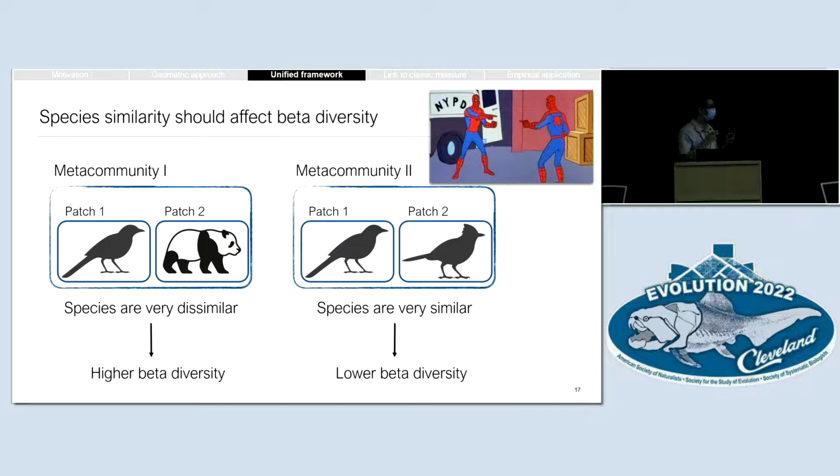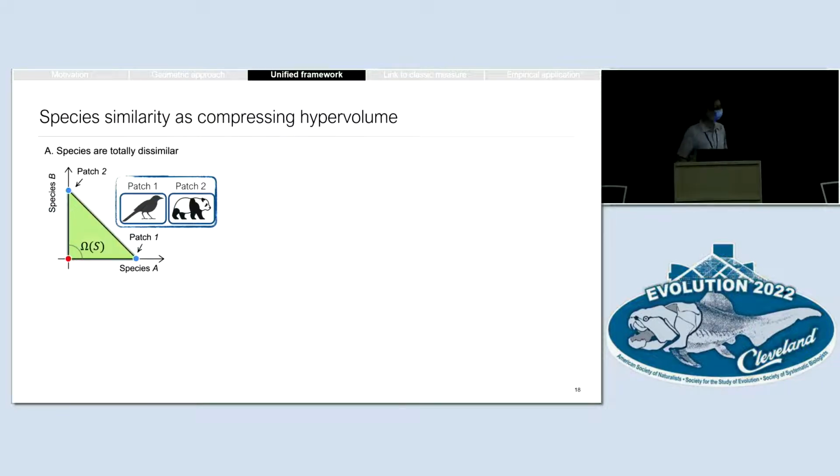Of course, here the similarity can mean anything: genetic similarity or dissimilarity, functional similarity, etc. Whatever is of ecological or evolutionary interest. Then how do we incorporate them here? Let's look at this example, where we essentially assume the special case that species are totally dissimilar.